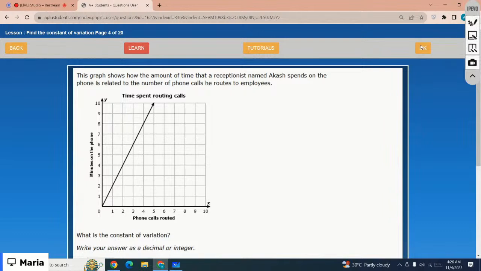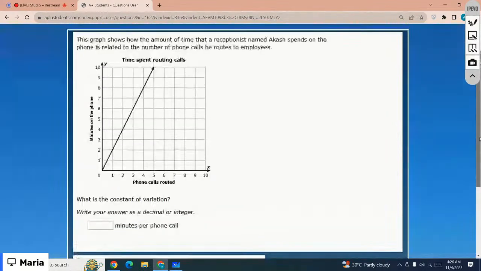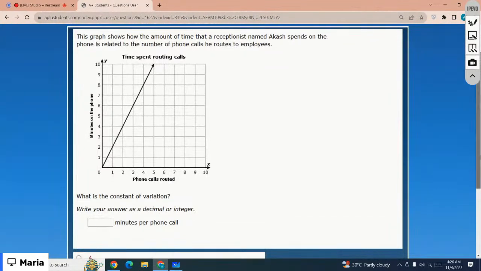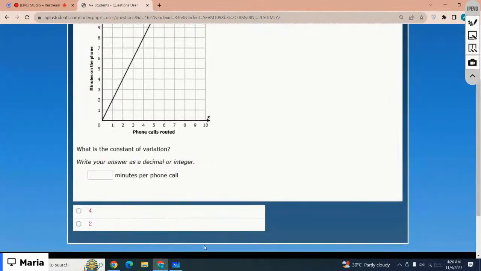Which is the correct option? The correct option is 4.